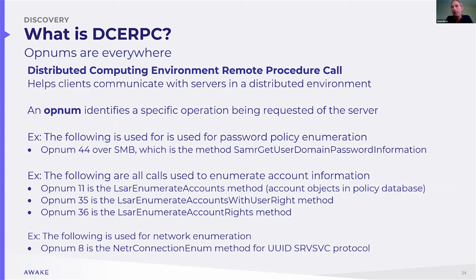So, if you're not familiar with this stuff, figure out how to look at the opnums. Just hunt across your network traffic for Opnum 44. Start looking at it. You're going to see there's normal users that do that. There's scanners. There's admins that have this traffic, and then you're also going to see there's lots of ways, and we'll talk about how you can continue to filter this down.